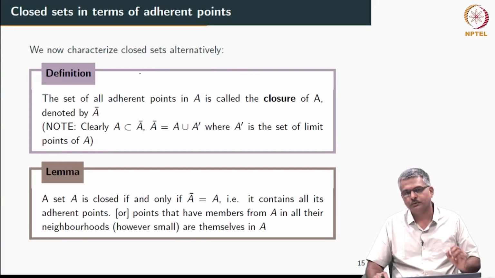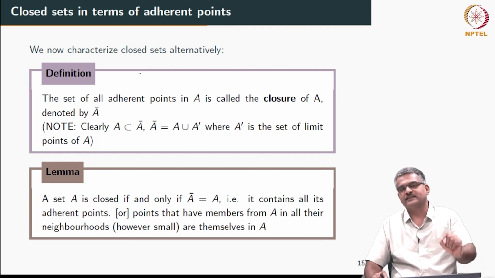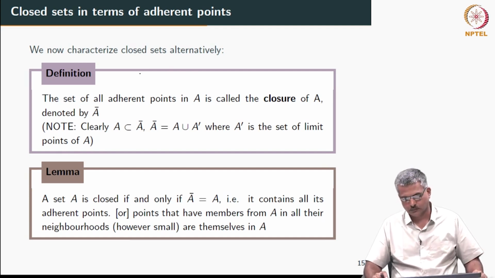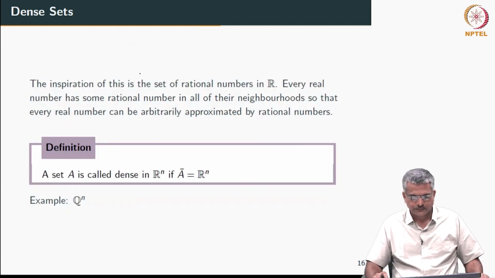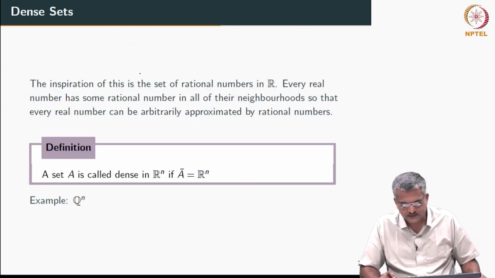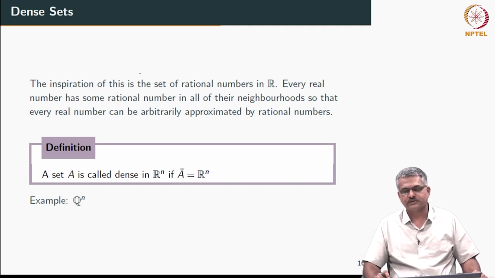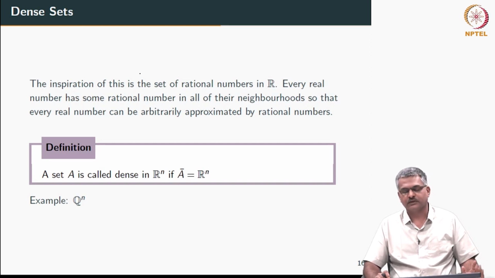That means, you give me any real number and any neighborhood, however arbitrarily small, you can always find a rational number sitting inside that open interval. So let us see the definition. A set A is called dense in Rn if A closure is the whole of Rn. As I said, the well known example is the set of rationals.